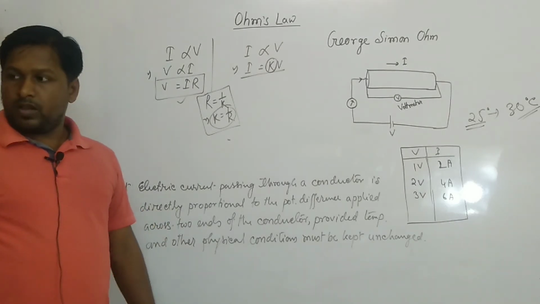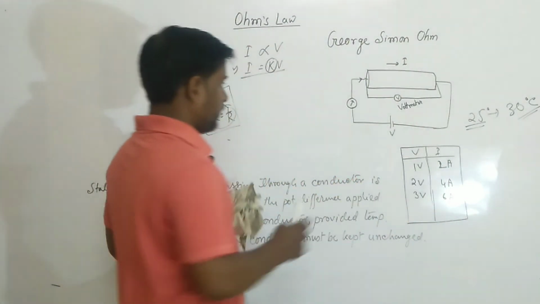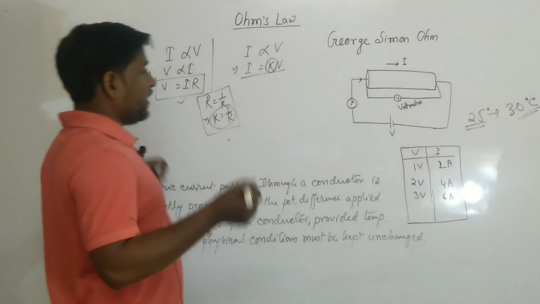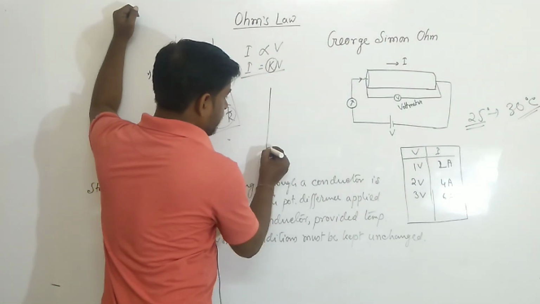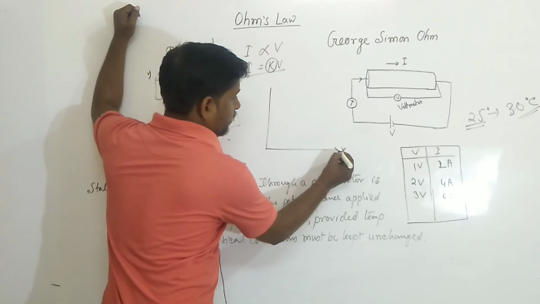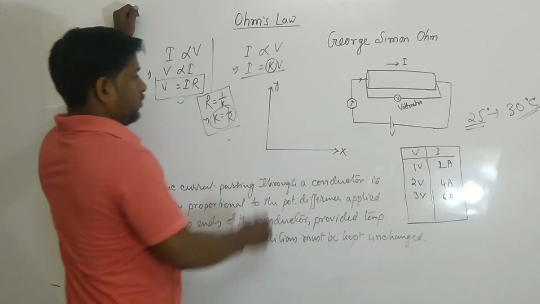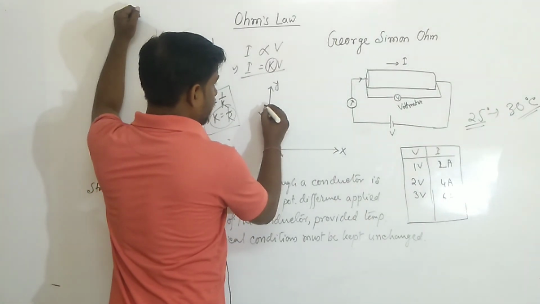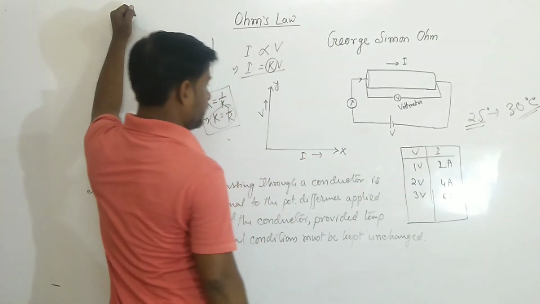Now after finding these mathematical observations and these values, they also plotted a graph. Suppose this is our x axis and this is our y axis, and we have plotted the values of V along the y axis and values of I along the x axis.